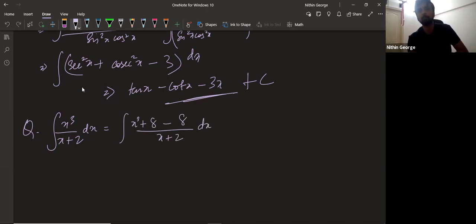This is your clue. x cube plus 8. What will you write that as?